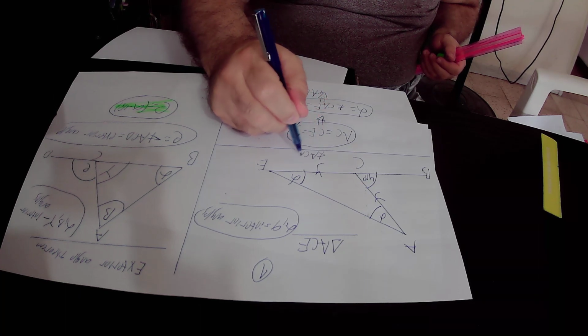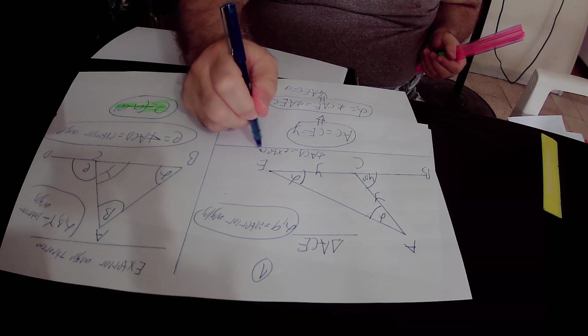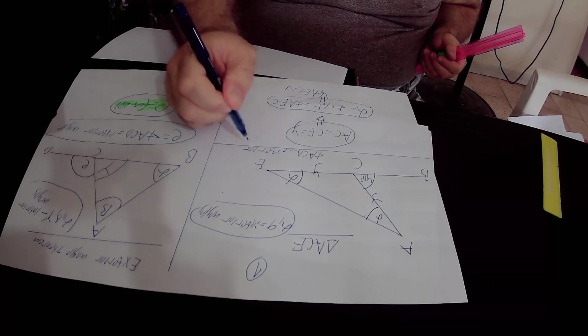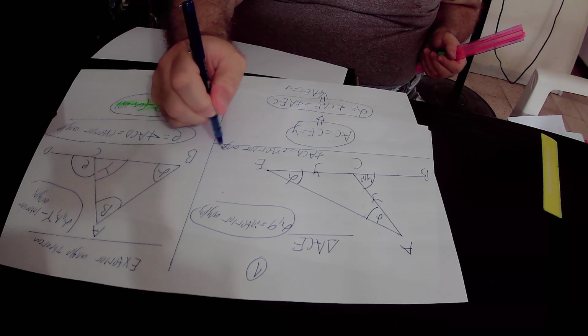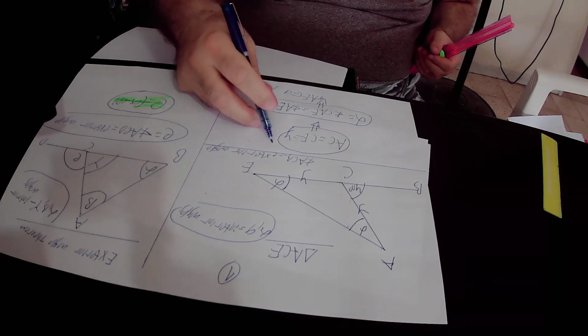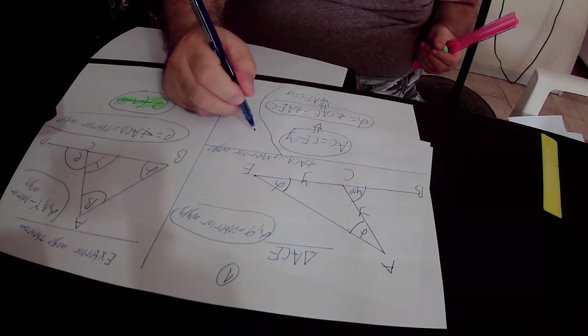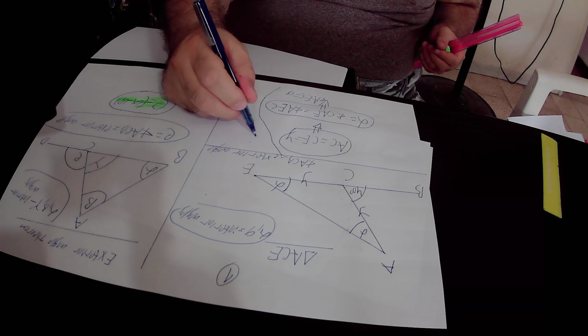Angle ACB is defined as an exterior angle. Okay?